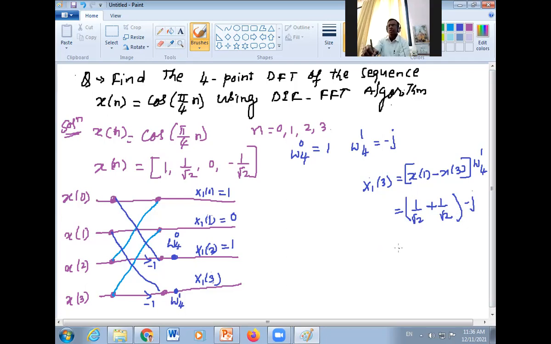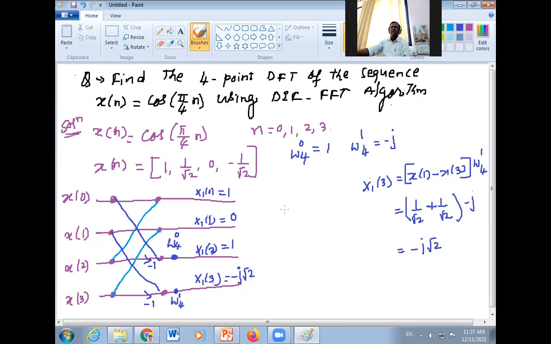So therefore, we are going to get minus j into root 2. So this is the way we are calculating the first stage computation.